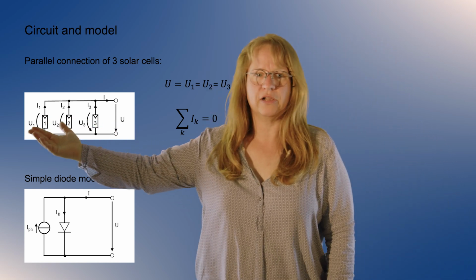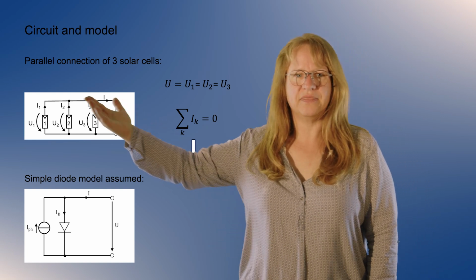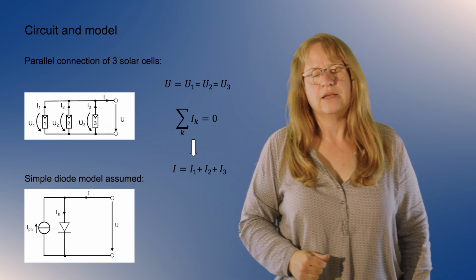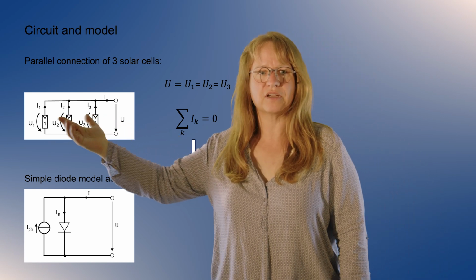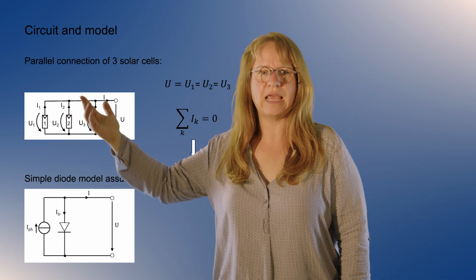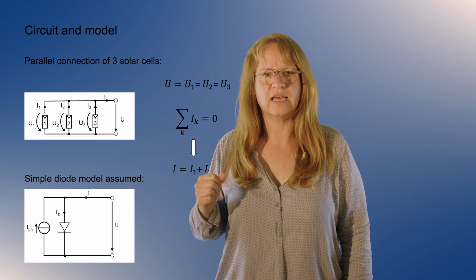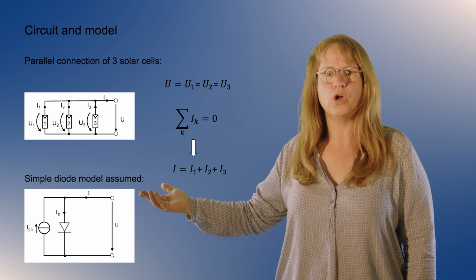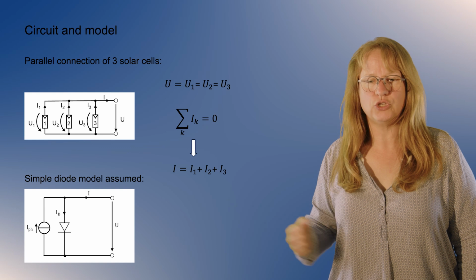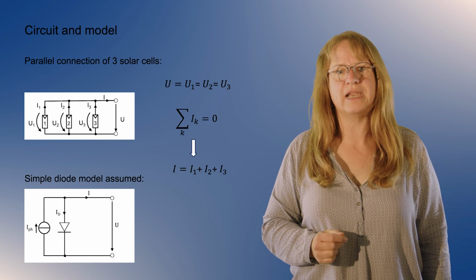Also, at this node here, the sum of all the currents has to be 0, and we see we have the currents 1, 2, and 3 entering the node, the current I exiting the node, so the total current I of the module is I1 plus I2 plus I3 for such a parallel connection.